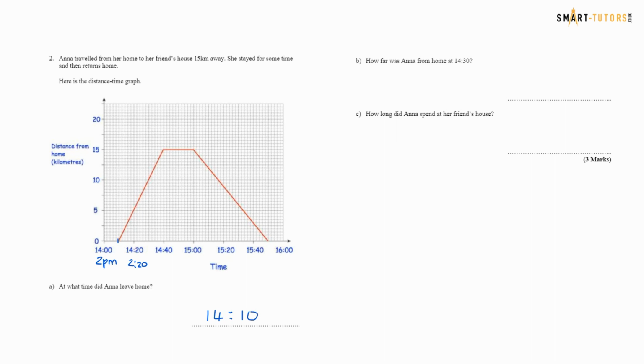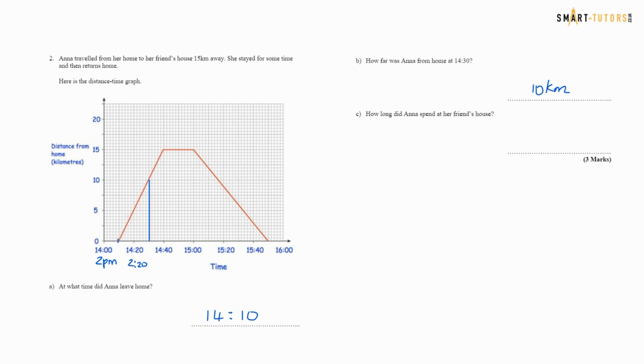Question B, how far was Anna from home at 14:30? So this is 14:20 and 14:30 is this one. So this is 10 kilometers. That is the answer. How long did Anna spend at her friend's house?